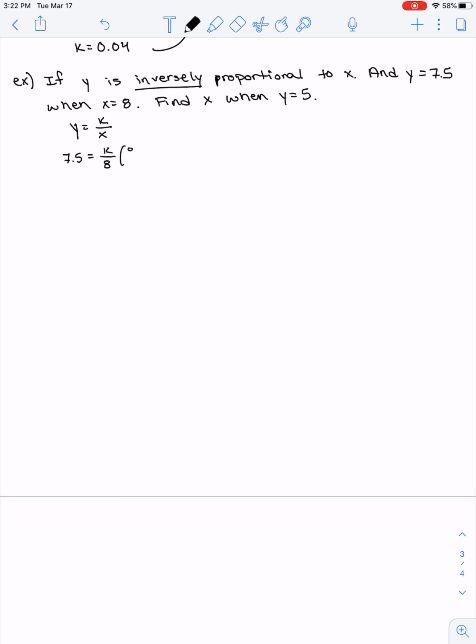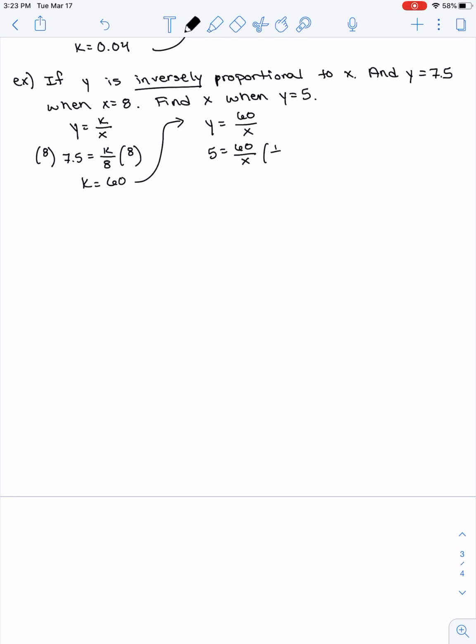So if I multiply both sides by 8, I get that k is equal to 60. And I can now say, okay, my model is y is equal to 60 over x. So now find x when y equals 5. So I say 5 is equal to 60 over x.